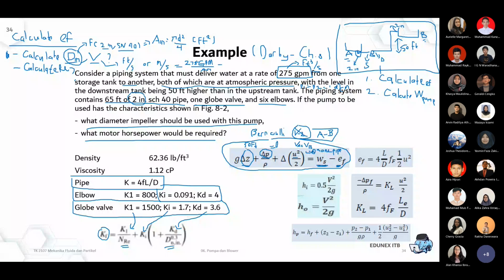But be careful about the unit. Convert it to cubic feet per second, divided by the square foot. Now you get your feet per second. Any question up until this point?